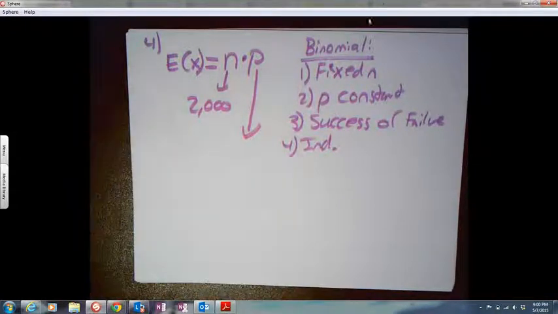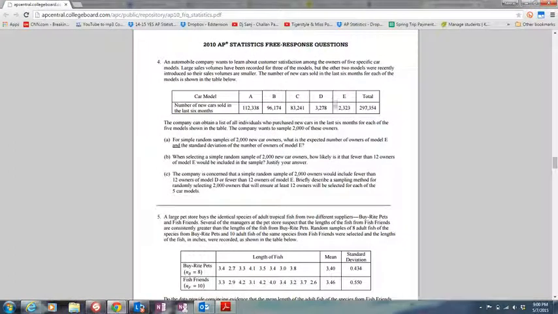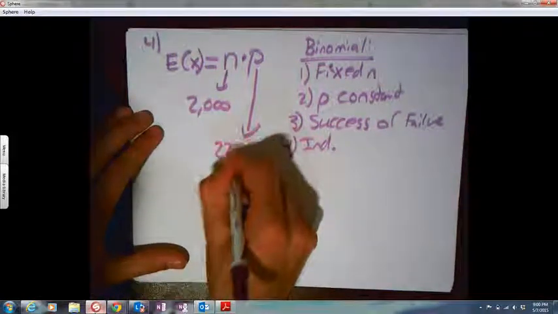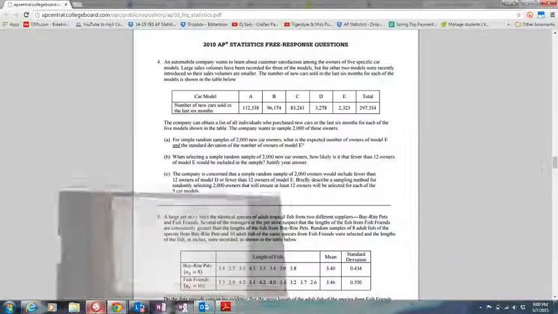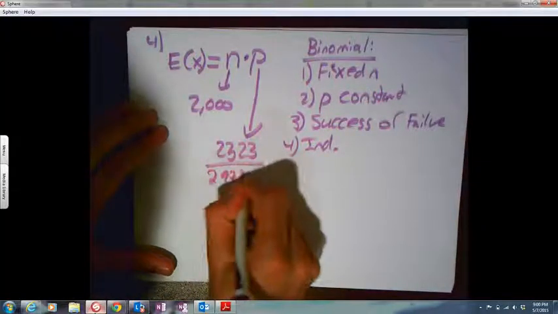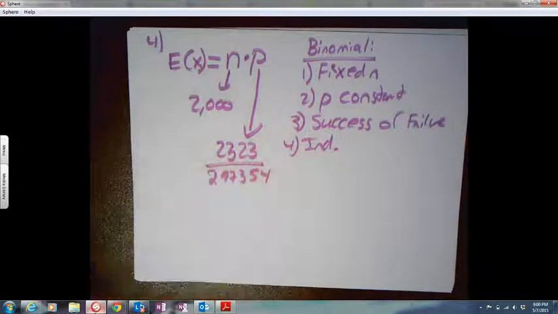Well, the probability of drawing E is 2323 divided by the total, 297,354. So P is 2323 divided by the total, 297,354. When we do that, we get 0.00781.